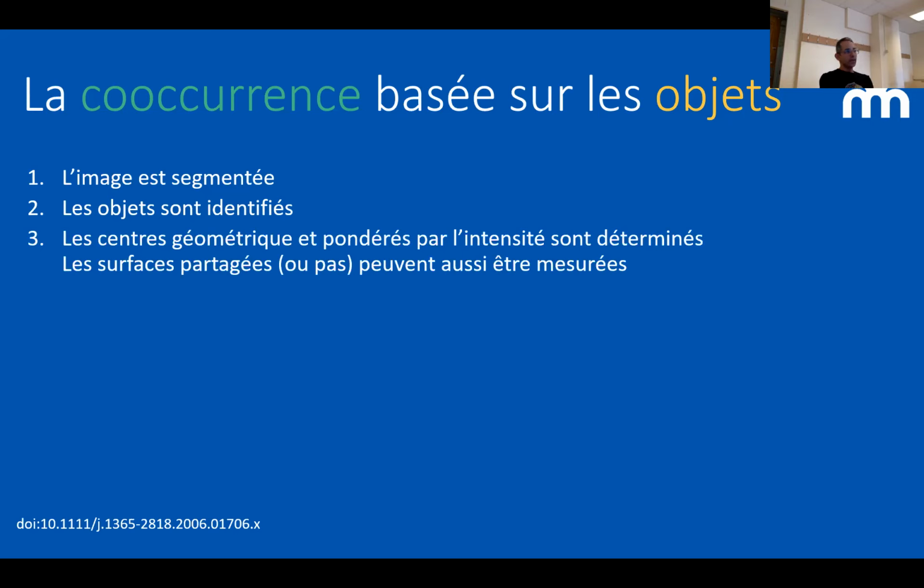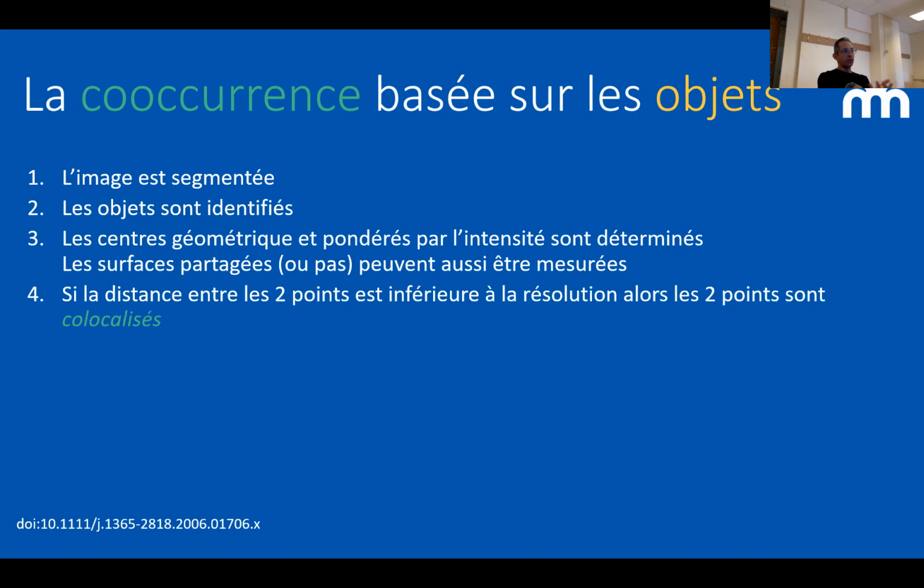Then when these objects are identified, you can either look at the center of the object, or you can look at the center that is weighted by the intensity. So where is the brightest point of the object? You can also look at surfaces that are shared or not shared, and you can measure the overlap between them.